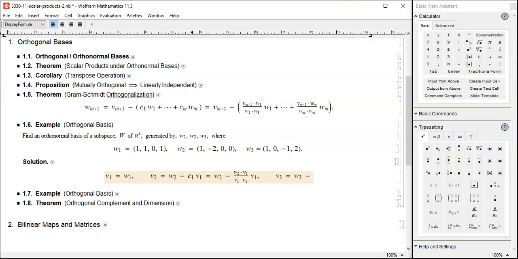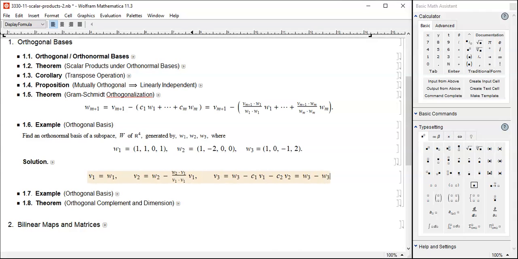Then V3 is W3 minus C1 V1 minus C2 V2, but these C1 V1, C2 V2 can be misleading because they are different from this. So to avoid confusion, let's remove this, and then let's put C1 here. I'll remove them later.